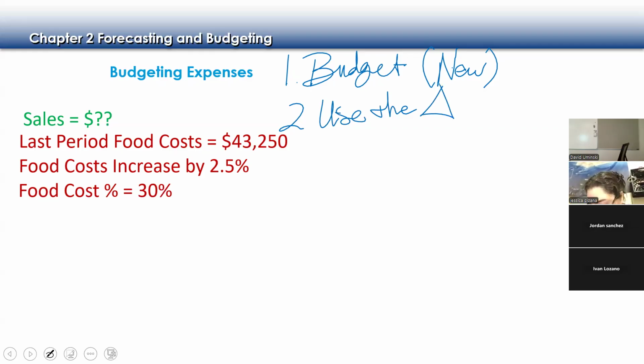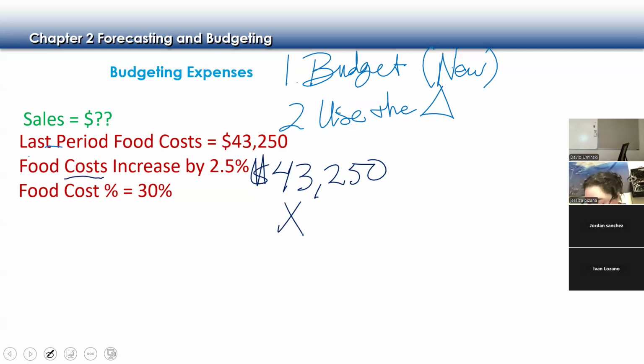Okay. So our first step, last period, this is our historical data. Last period, we had $43,250 in food costs. That was our last year's period, or last period, okay? We want to increase our cost by 2.5%.